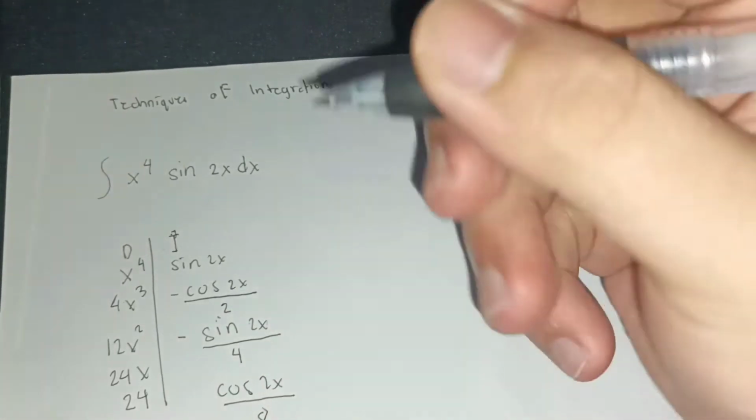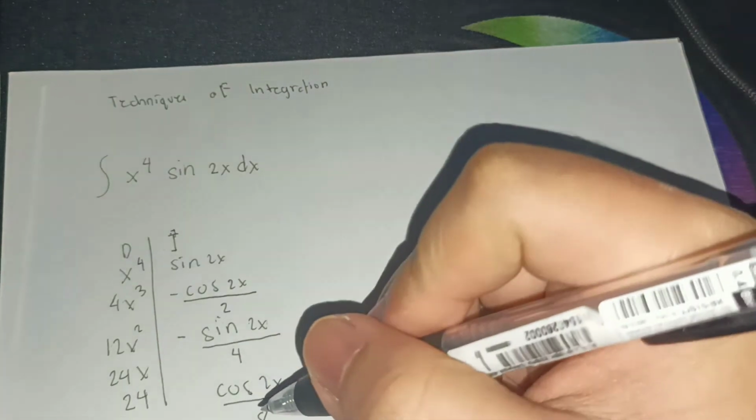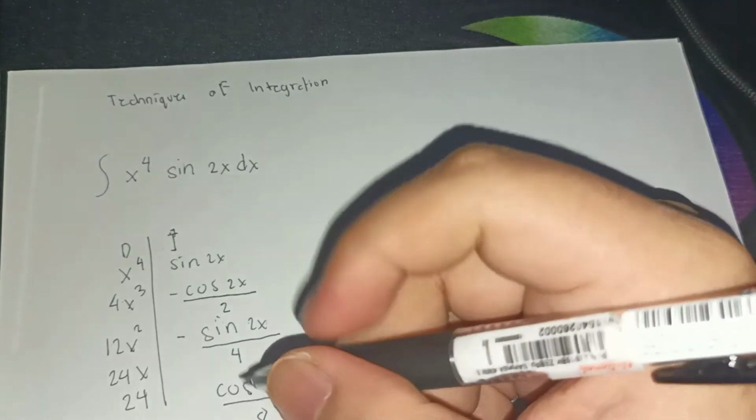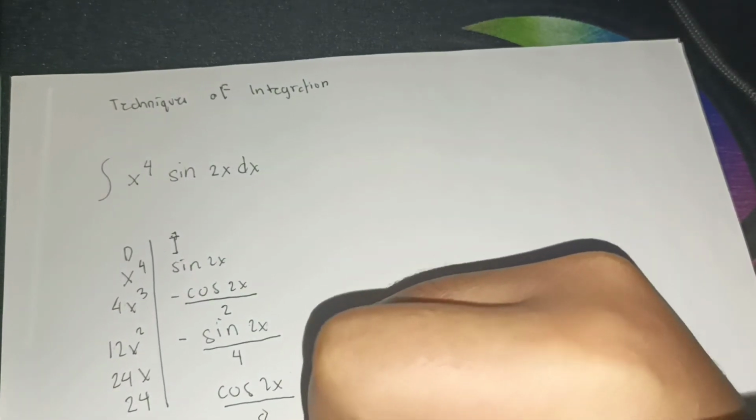Just multiply the denominator by 2. And then after that, integrate it again, it becomes sine 2x over 16.